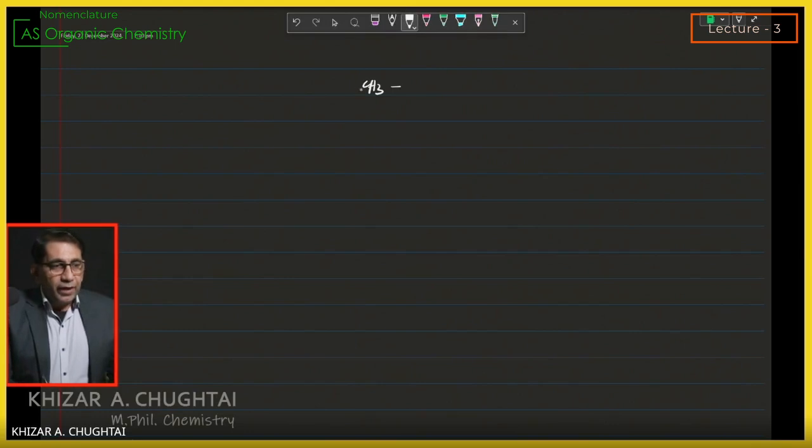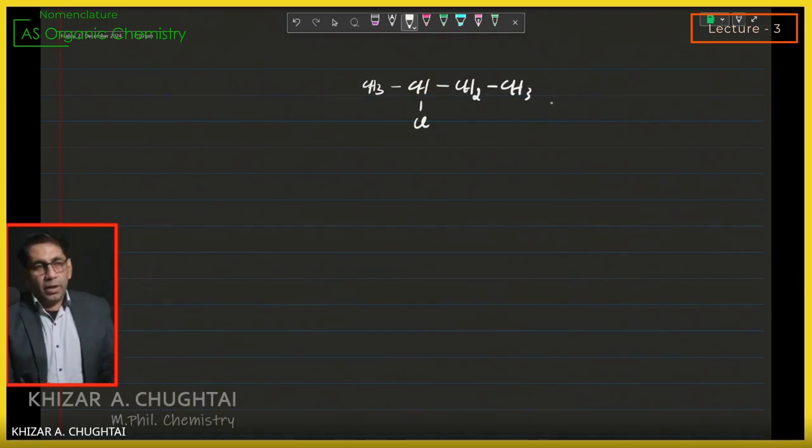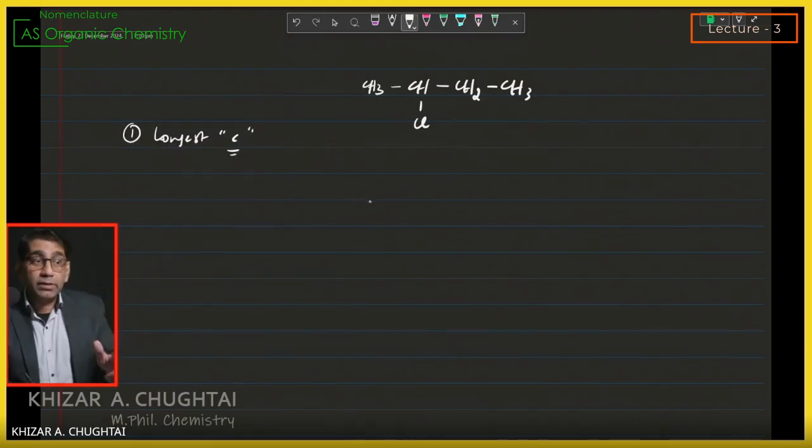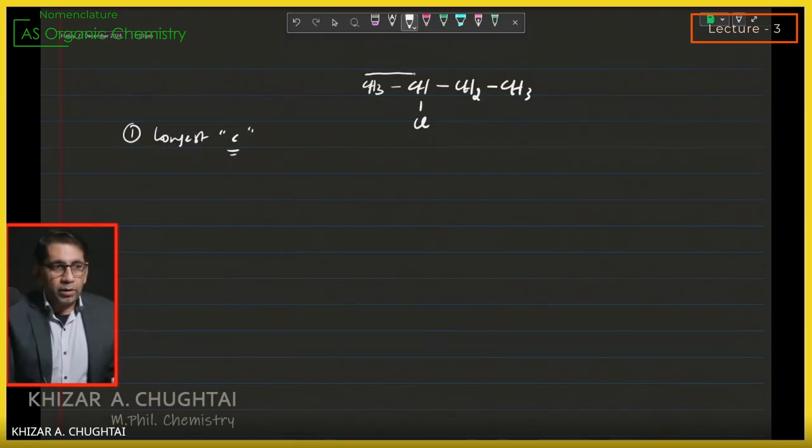So CH3, CHCl, CH2, and CH3. Once again, the rules are pretty similar. Number 1, you will select the longest chain of carbon atoms. Longest chain of continuous carbons: 1, 2, 3, 4.